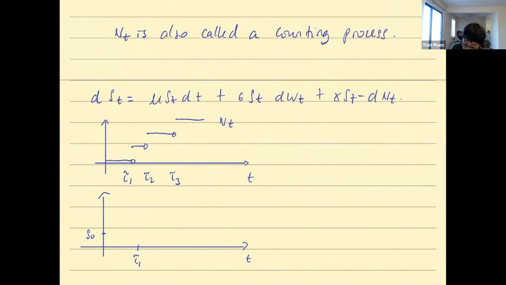So here's the picture. But of course, if you want to be super detailed, the Wt has already been moving. This is W up to tau 1, tau 2, tau 3. W has been moving.